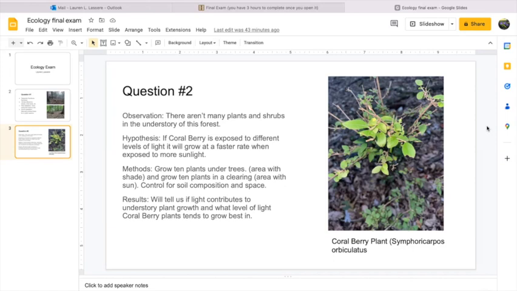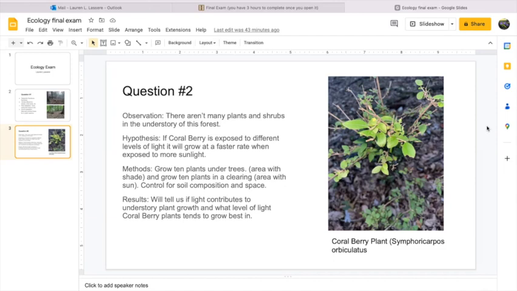The design of my experiment would be 10 coralberry plants growing in a low light exposure condition, which in this case would be the forest, and then 10 coralberry plants growing in a high light exposure condition, which would be a clearing.